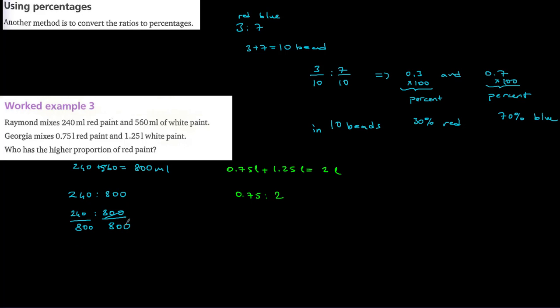When you simplify this, it's going to be 24 over 80. Both of them are divisible again by 8, and when you divide, this is going to be 3 and this is 10. So 3 over 10, which is equal to 0.3.